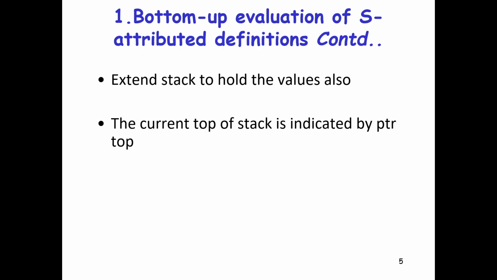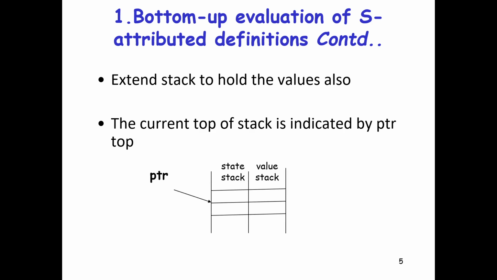This slide explains how the stack can be modified so as to evaluate the value of S attributed definition. Here, the stack is divided into two parts: the state part and the value part. As we have learned in the shift reduce parser, the stack has the capability of storing grammar symbols.